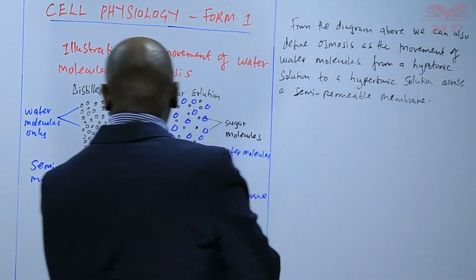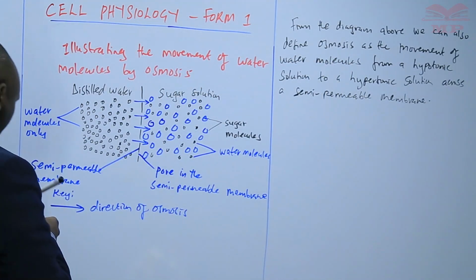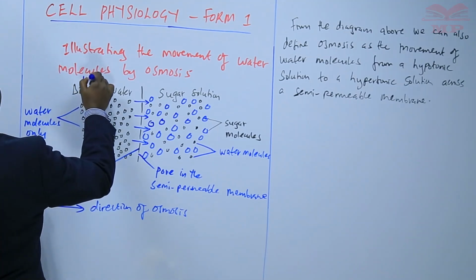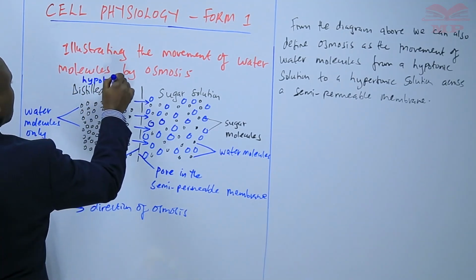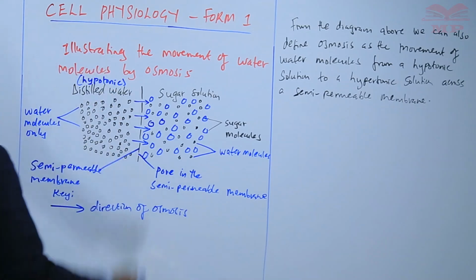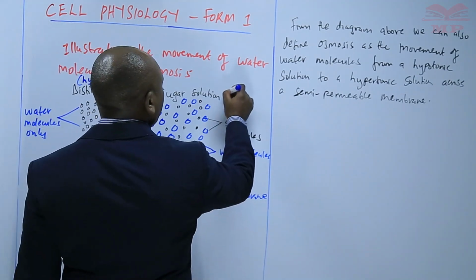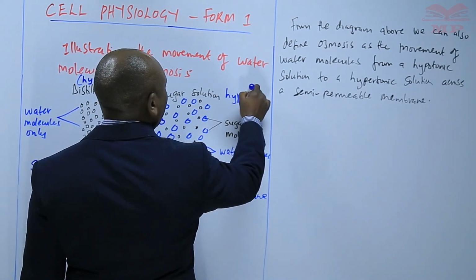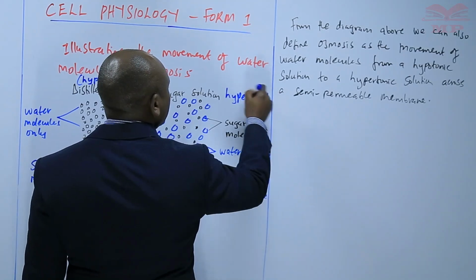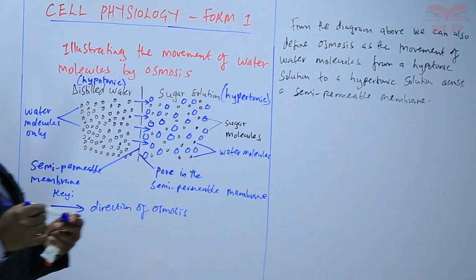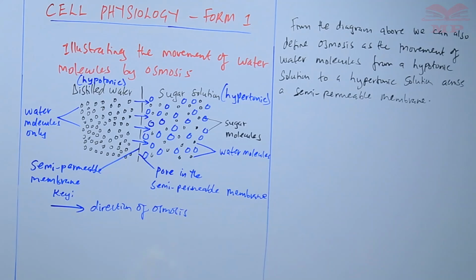So in our case here, the distilled water is hypotonic. The solution that has a high concentration of water molecules, we refer to it as being hypotonic, while the sugar solution is hypertonic, the one that has a low concentration of water molecules.